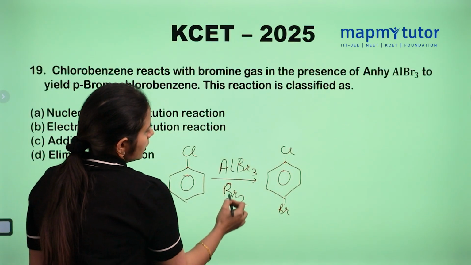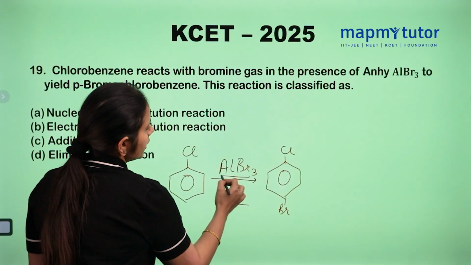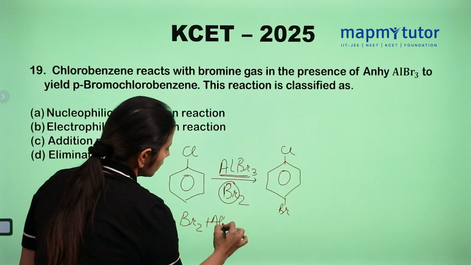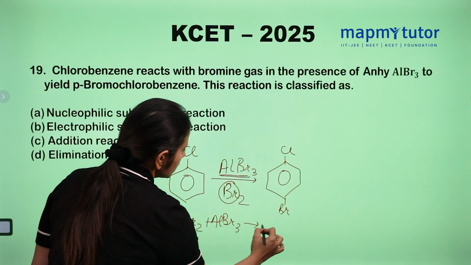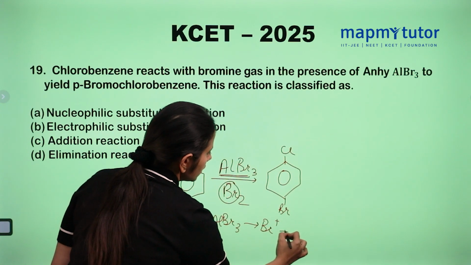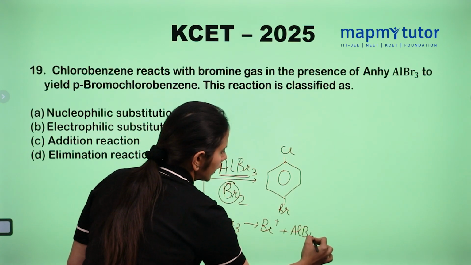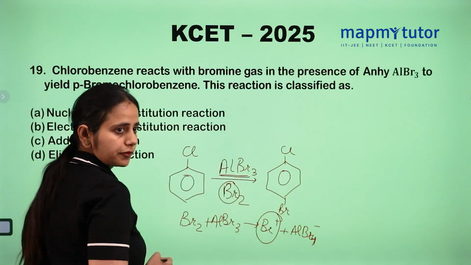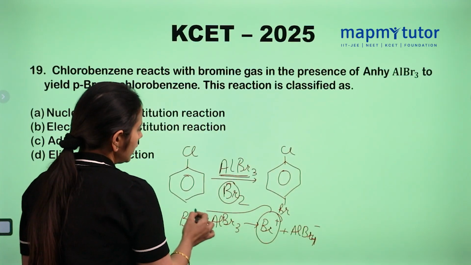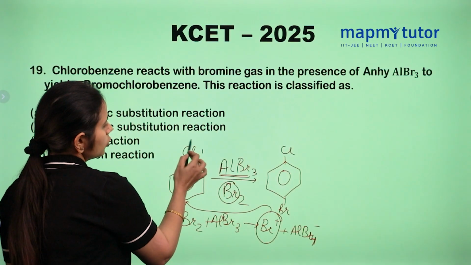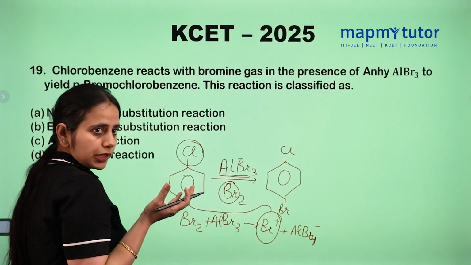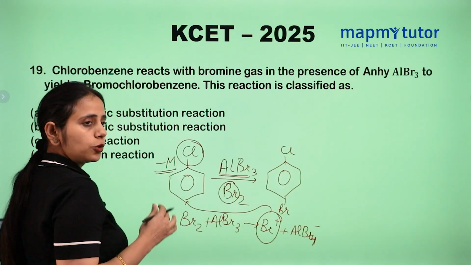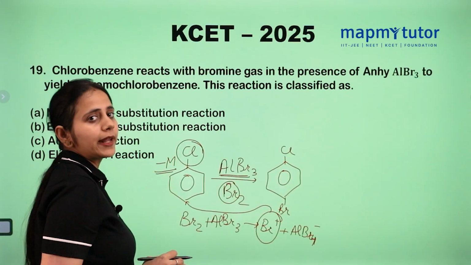See here, this bromine will react with aluminium bromide and form Br+ and AlBr4-. So this Br+ will act as an electrophile and attack at the para position. This chlorine is electron withdrawing in nature, so the minus M effect comes in, and chlorine is ortho and para directing.